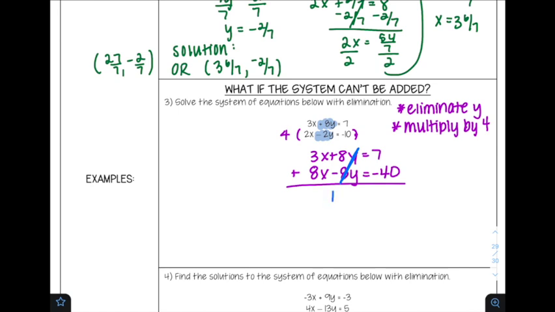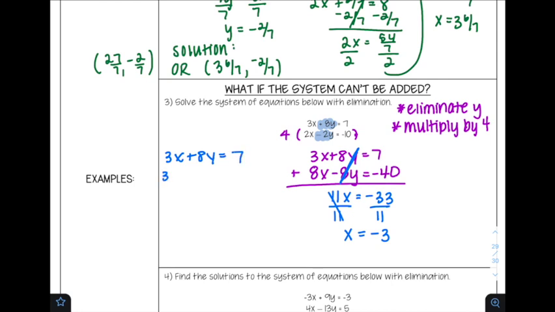3 plus 8 is going to give me 11x. 7 minus 40 is going to give me negative 33. I'm going to divide both sides by 11. X is going to equal negative 3. Once I have my x value, I'm going to substitute into one of the equations, and I'm just going to take 3x plus 8y equals 7.